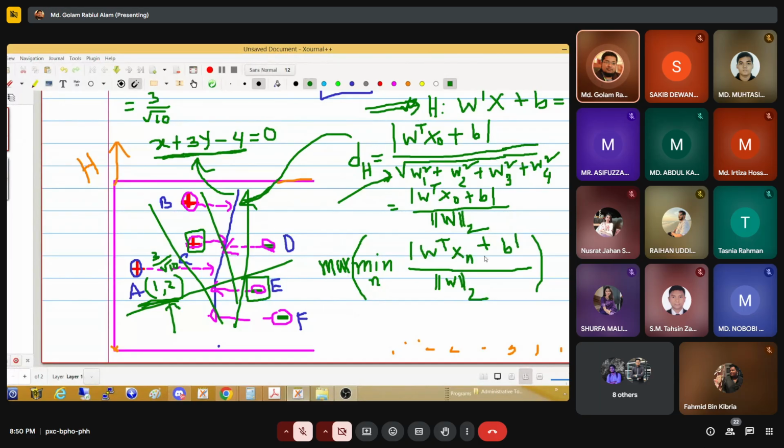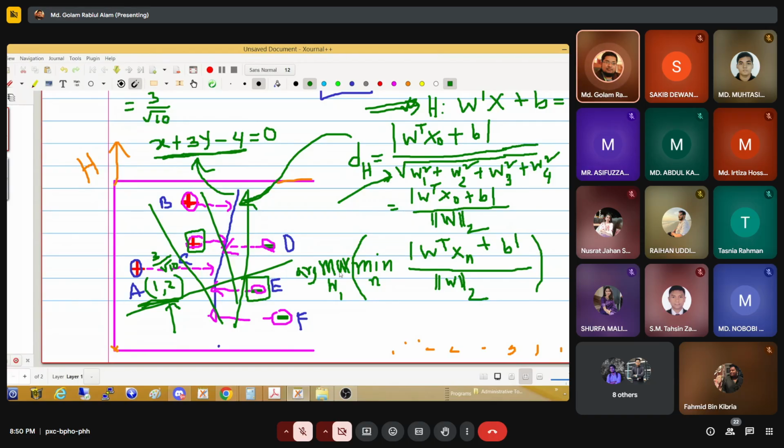This minimization will try to find the support vectors, but we have to find the margin that will maximize, and the margin will be based on W. So now we can consider this as our argument maximization, arg max, where the arguments are W and n.